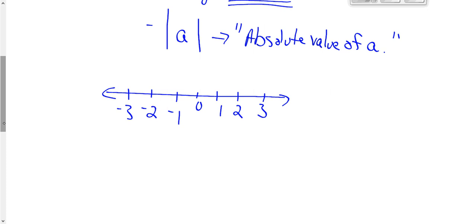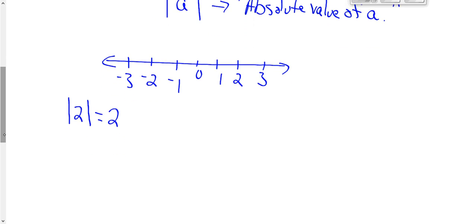So for example, take the number 2. The absolute value of 2 is what? How far is it from 0? It's 2 units from 0, right? What about the absolute value of -2? 2. Right? It's straight distance from 0. No negative. It's just always a positive number.